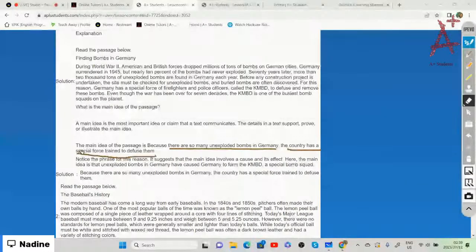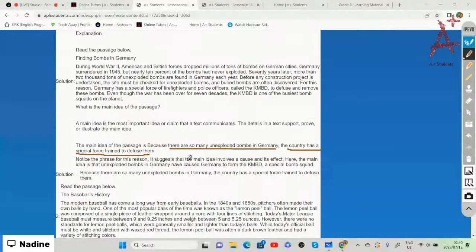And remember, I did mention the unexploded bombs in Germany, or the ones that are buried. And because there are so many, the country has special force trained police officers as well as firefighters to defuse these bombs, right?